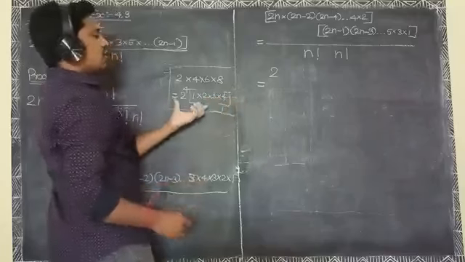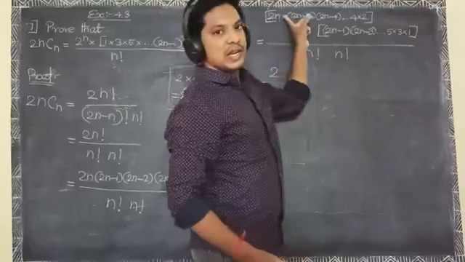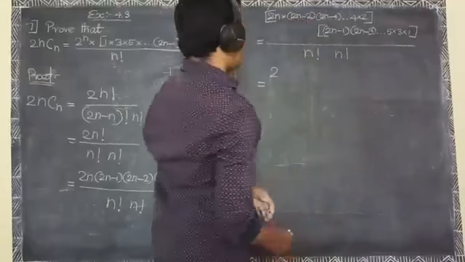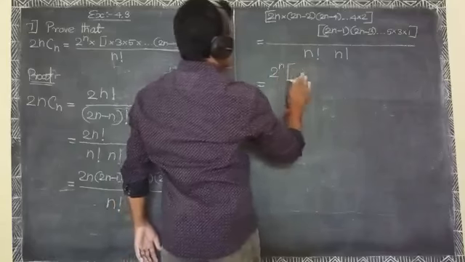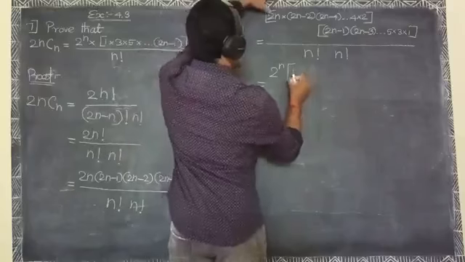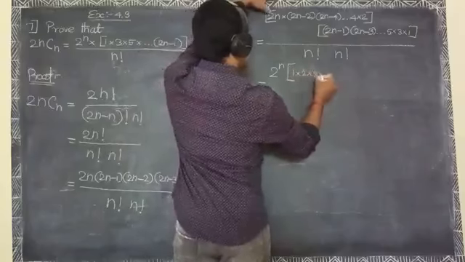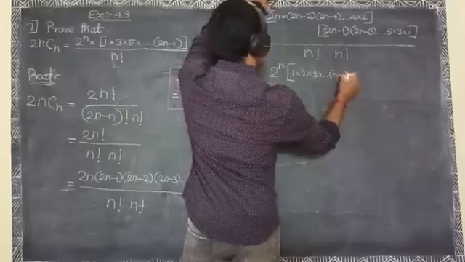Similarly, with the same process, taking 2 outside in n numbers, we get 2 power n into 1 into 2 into 3 into and so on, (n minus 1) into n.